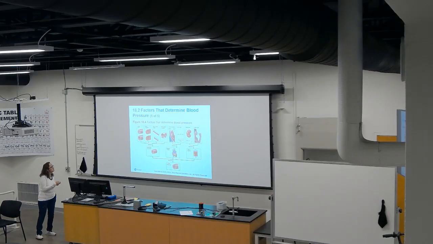And then the length, the greater the length, the less blood flow. The shorter the length, the more blood flow. Turbulent blood flow when you have obstructions. And all of these factors, the radius, viscosity, length, and obstructions determine peripheral resistance.